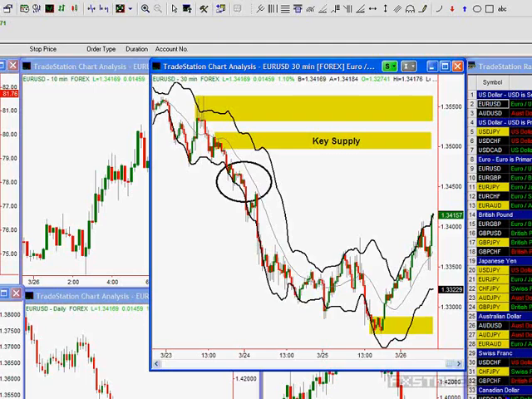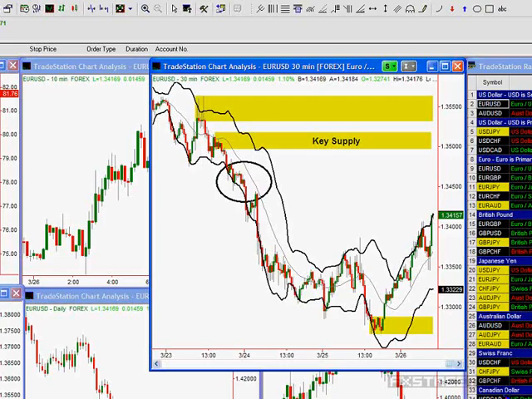Okay. So take a look at that circled area there. Inside that circled area, we have a number of little demand levels, right? In other words, price is stuck around in those areas for a short period of time, and then you had a drop away from those areas. That suggests there's supply in there, right? That's why prices drop.